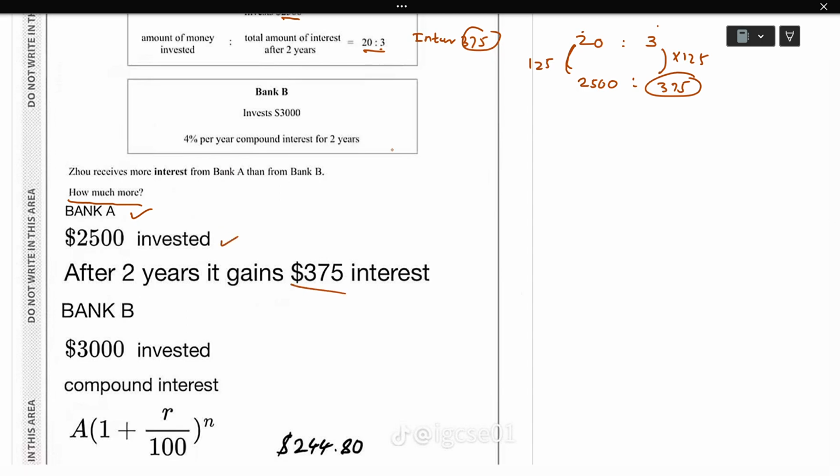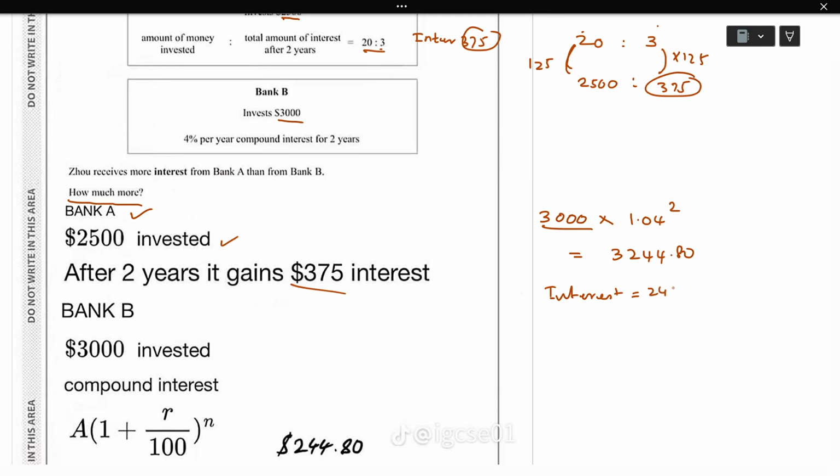Now we go for bank B. Bank B is 3,000. The investment amount is 3,000 times the percentage, 4%, which is increasing like 1.04, for 2 years. When we calculate, the amount is going to be 3244.80. Take away the initial amount and we get only the interest.